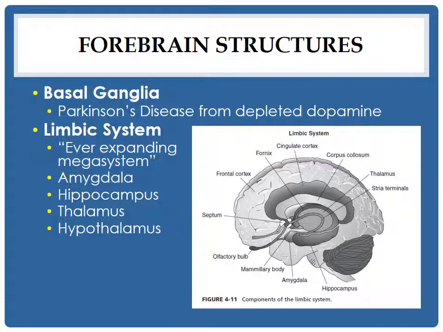We already talked about the amygdala. This is responsible for fear and anxiety, aggression in animals. Patients with post-traumatic stress disorder have hyperactive amygdala. Then the hippocampus is another structure to note.